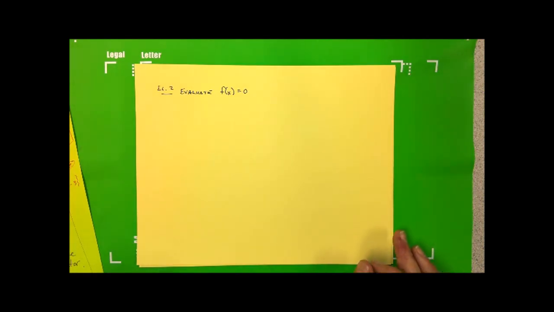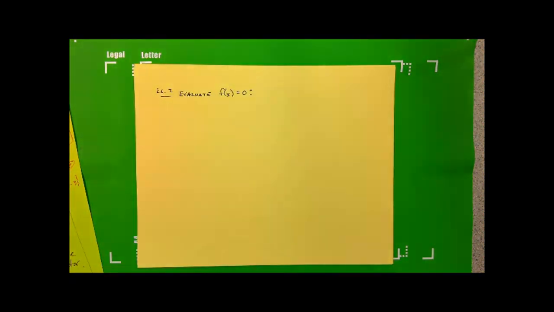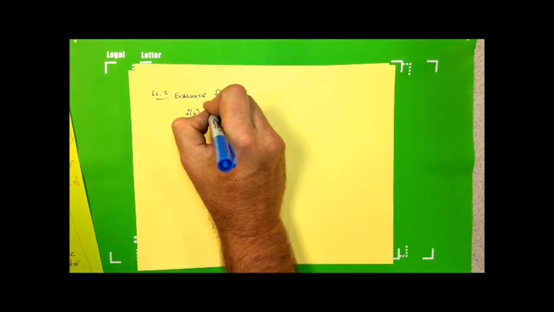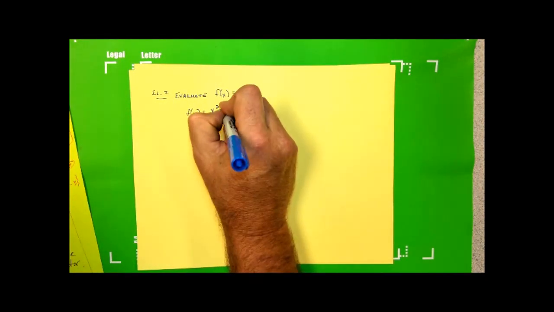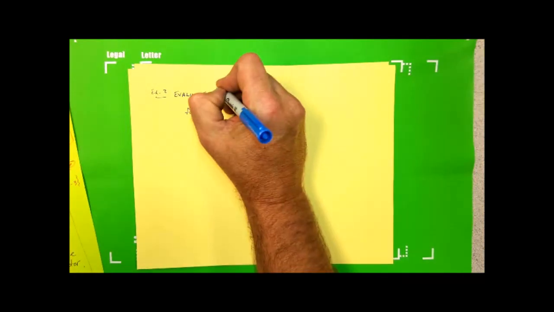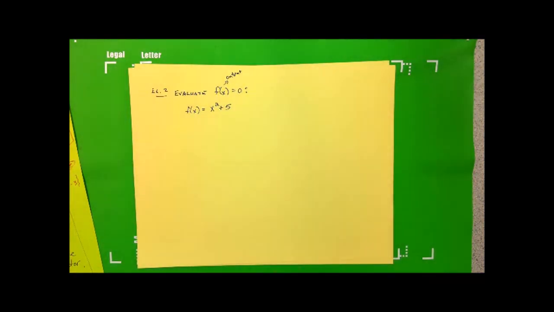In other words, in this case, I would be interested in knowing for a given function, let's say I have x squared plus 5. And if I want you to evaluate this for a function where the function is equal to 0, then what I'm essentially saying is, and remember, f of x itself represents the output. I want to know every value of x where the output is 0.